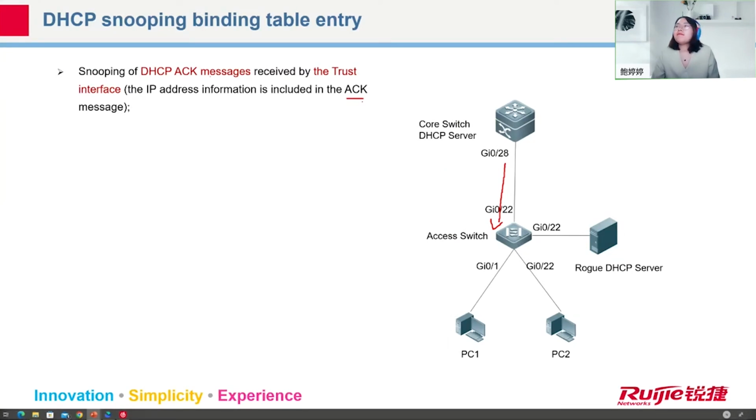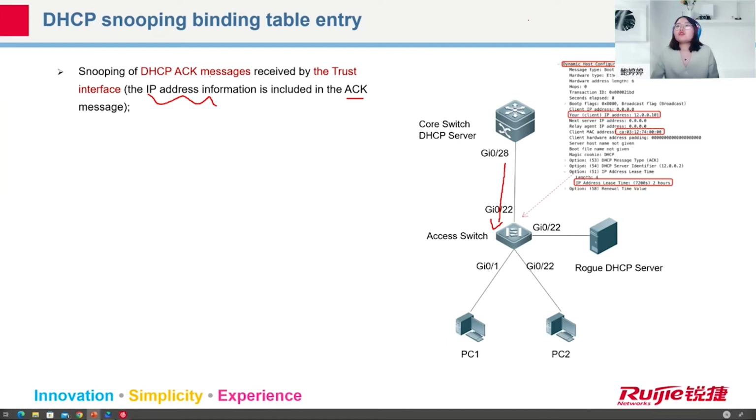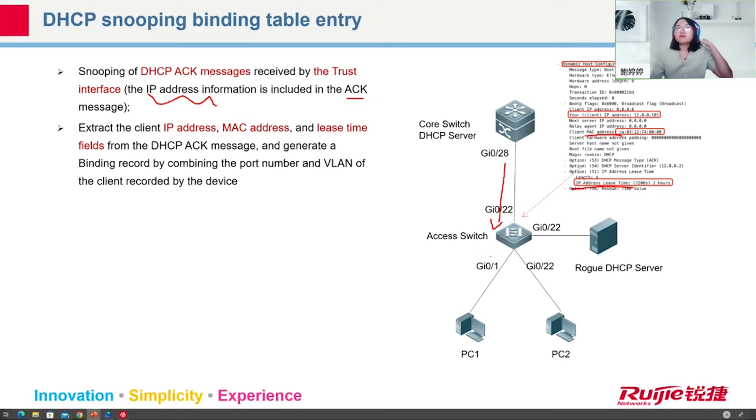In the ACK message, we can know the IP address information and which IP address will be assigned to the client. The IP address is 12.0.0.101. We also can get the client MAC address according to the encapsulation, and the IP lease time. This information will be added into the access switch's snooping table.